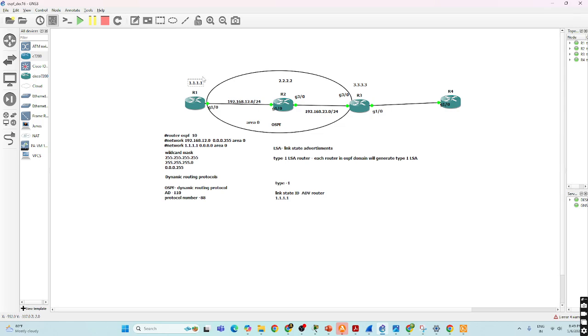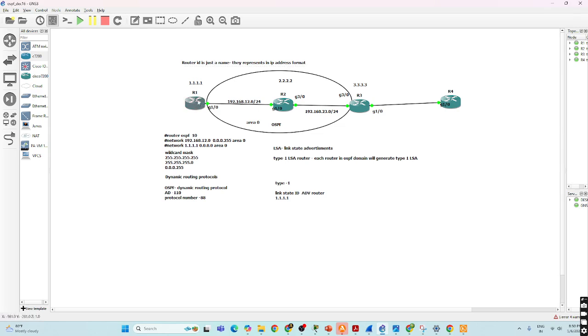Understood everyone? Router ID is just a name represented in IP address format.